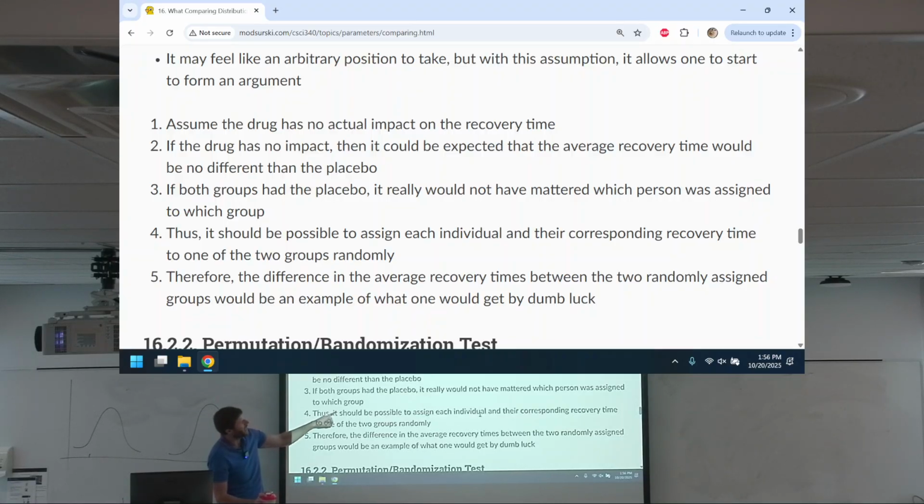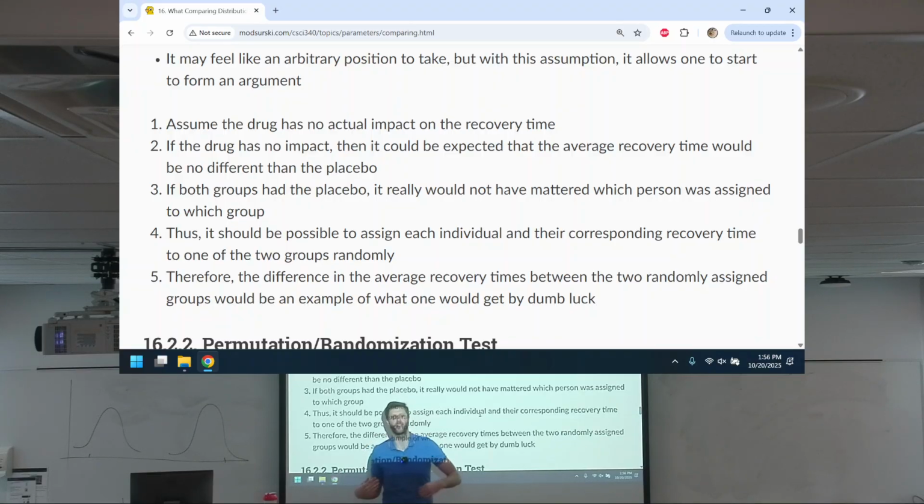If both groups had the placebo, it really would not have mattered which person was assigned to which group. Slow down. We're assuming there's no difference, meaning I might as well have given both groups the same placebo, okay? With the assumption that it makes no difference. I know, you hear the word assumption and you're like, well, what if we don't want to make an assumption?